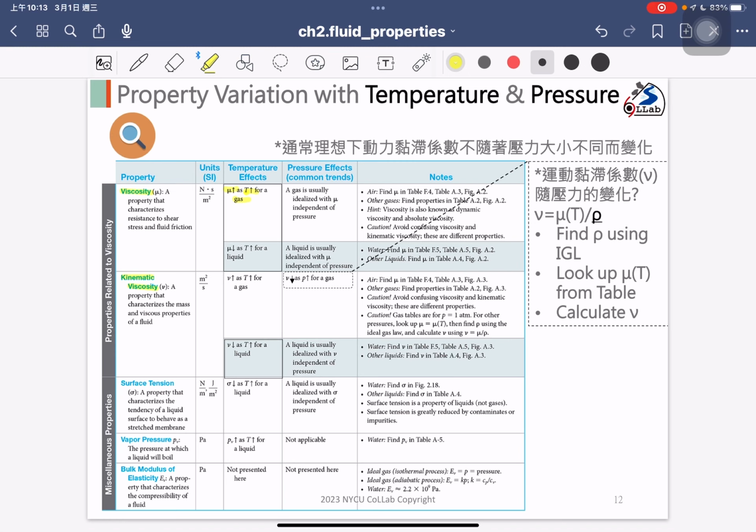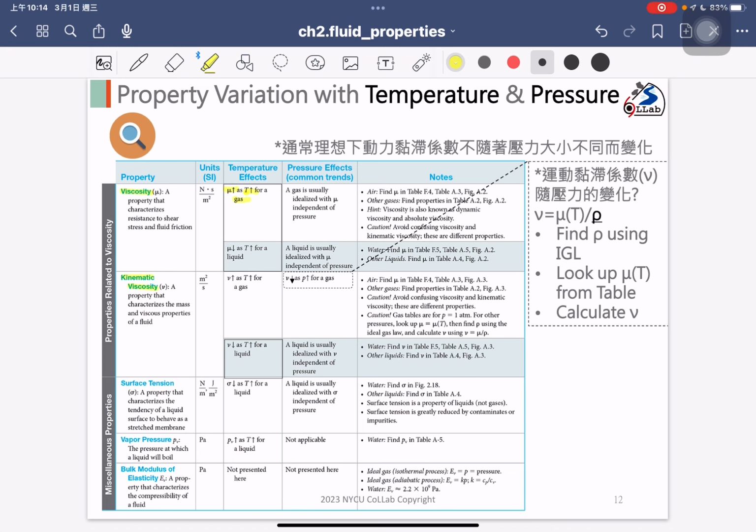Because if there is no energy, the molecules of the gas are just randomly distributed in the environment, but if you increase the temperature, there is additional energy to support the gas moving more frequently. And the more frequent movement has a higher probability to collide together, right? And if the gas molecules collide together, it will increase the viscosity.